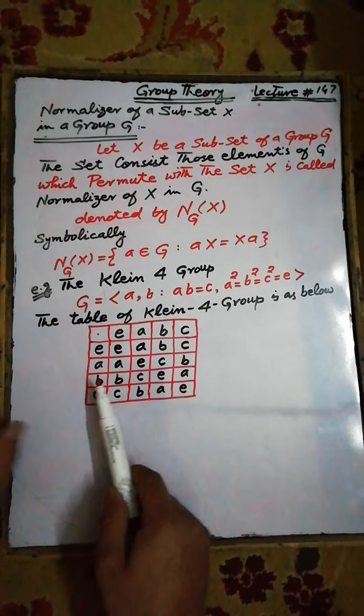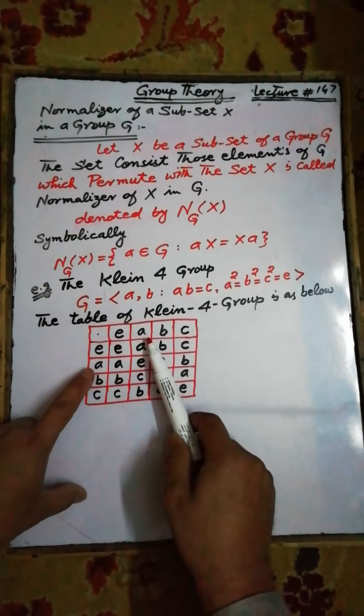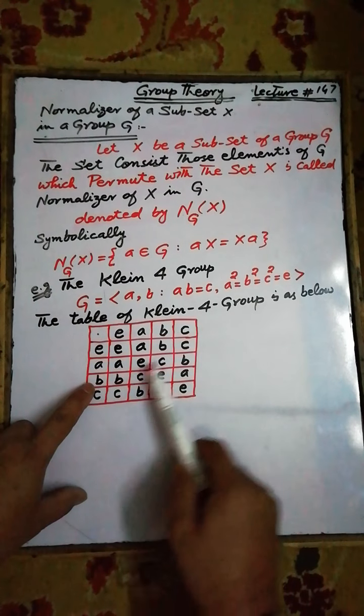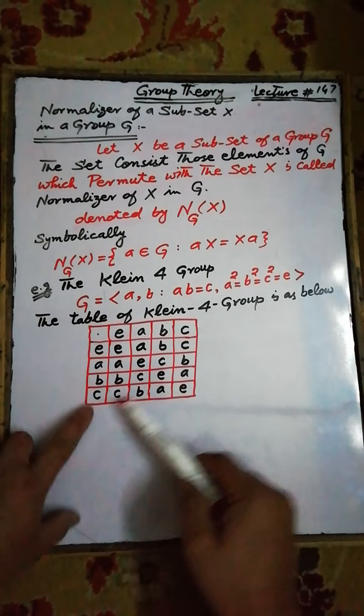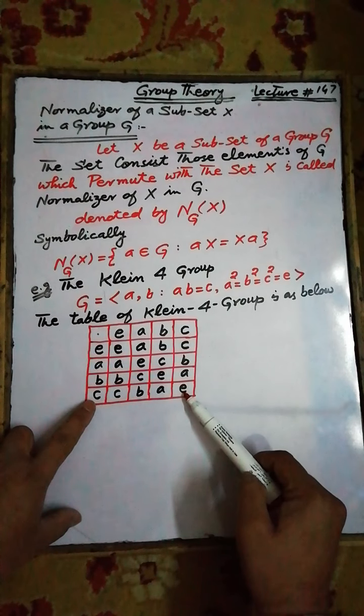of G. Also the element A is the inverse of itself, the element B is the inverse of itself, and the element C is also the inverse of itself.